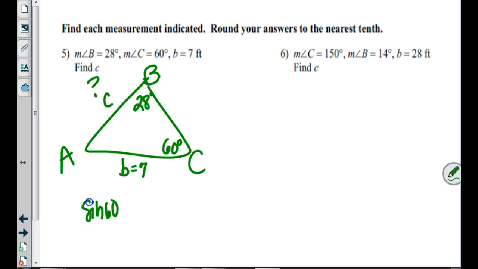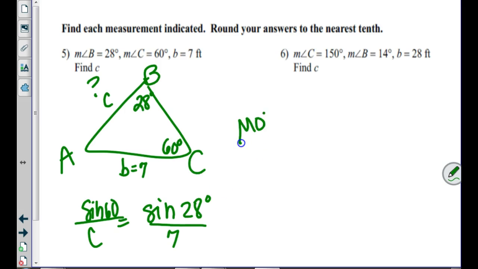So I have the sine of 60 is across from C in the same way the sine of 28 degrees is across from 7. What mode do I need to be in? Yeah, the angles were in degrees, so I need to make sure I'm in degrees. And then 7 times the sine of 60, close parenthesis, divided by the sine of 28. Anybody get 12.9?